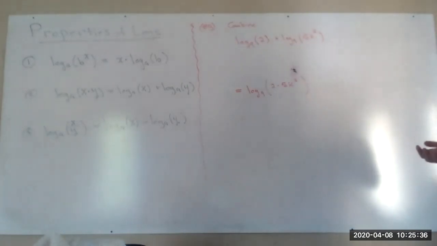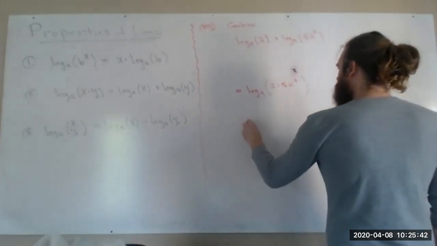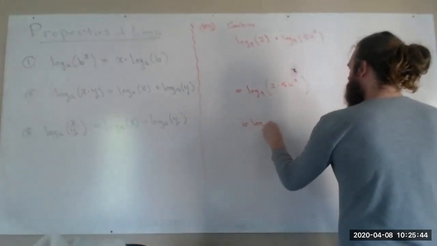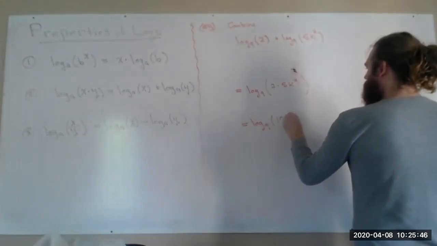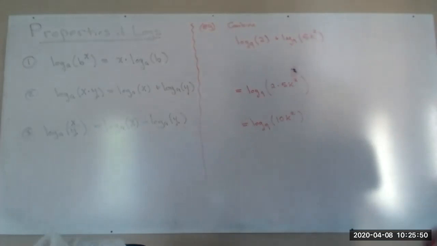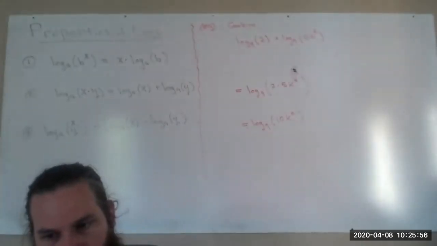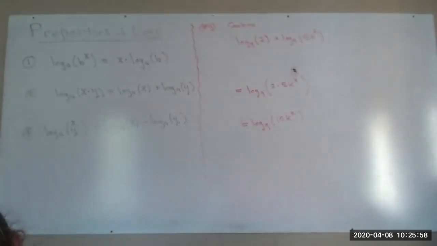And then 2 times 5k squared is 10k squared. So here we're going in the other direction. Instead of trying to pull them apart, we're trying to put them together.